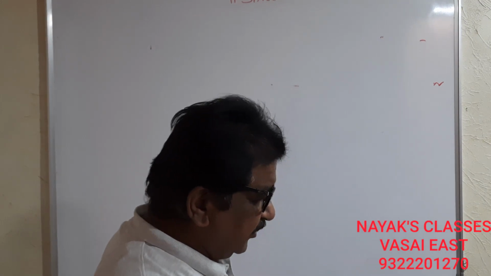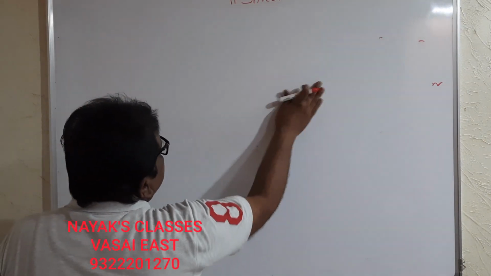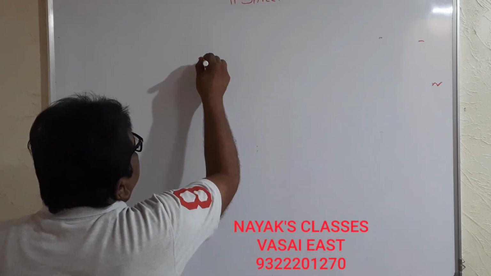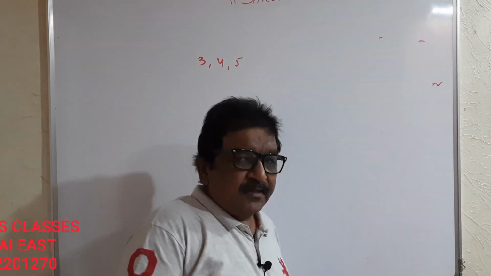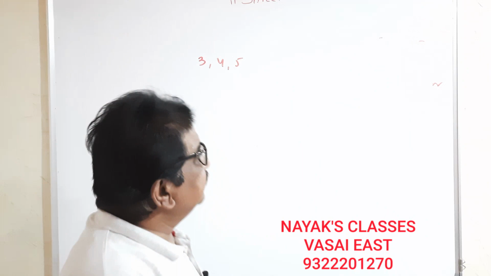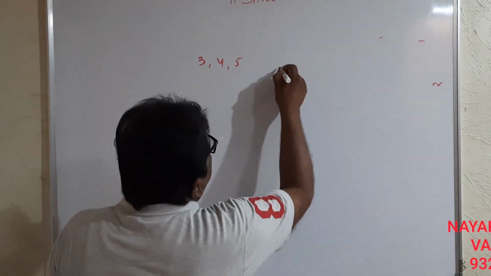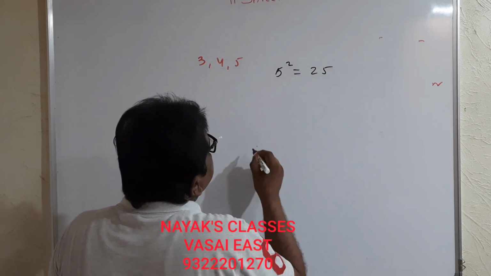So let me explain what a Pythagorean triplet is. If the numbers 3, 4 and 5 are given, with no units, only numbers, then 5 square is equal to 25.